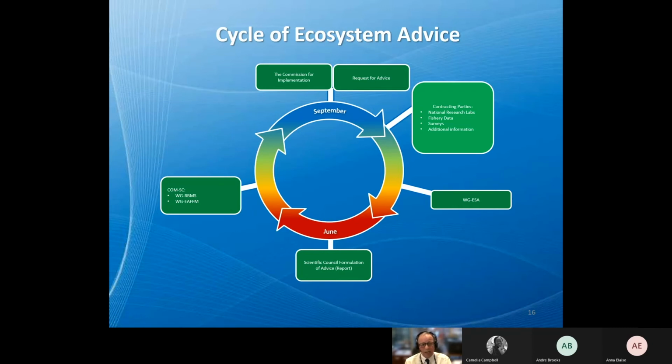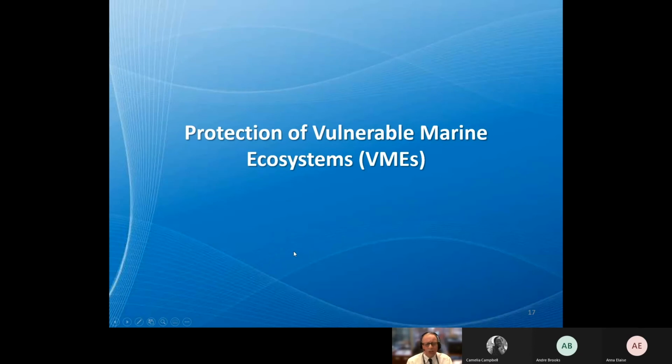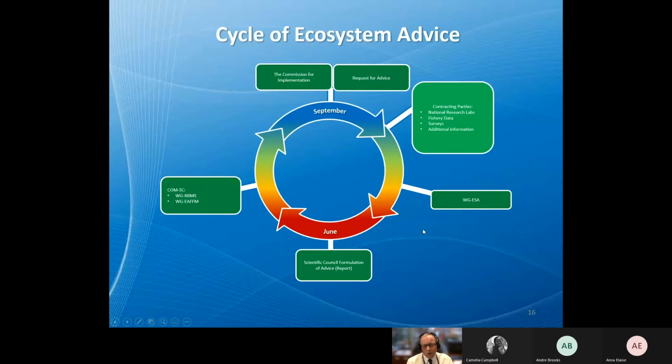They are currently meeting right now, or they've just ended their meeting by the time of this presentation. This goes to the Scientific Council in general, which then formulates an advice. That then goes to the joint working group, and finally the recommendations that flow through here, once they get through all these filters, go back the following year to the Commission for decision. So that's how the cycle of advice works.